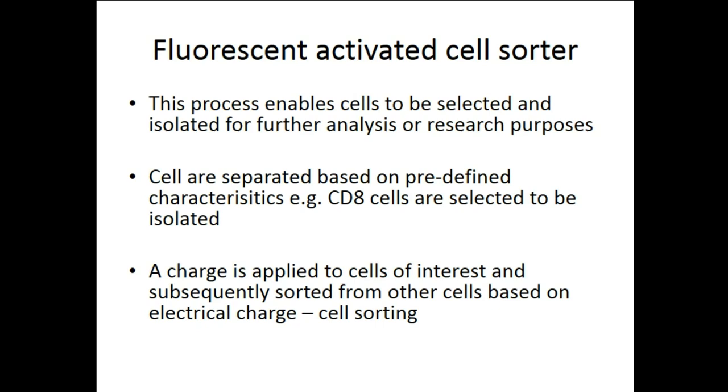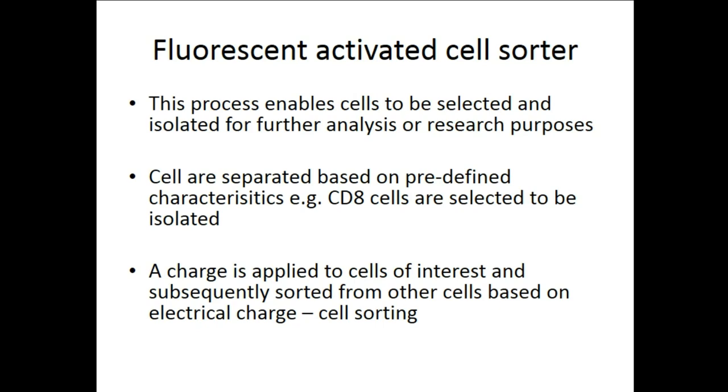When you add this fluorescently labeled antibody and you identify the stem cell using the flow cytometer, the flow cytometer has the ability to separate that cell into a different collection container. And what that means is that in research, you can take a blood sample, isolate the stem cells, and then investigate the stem cells.